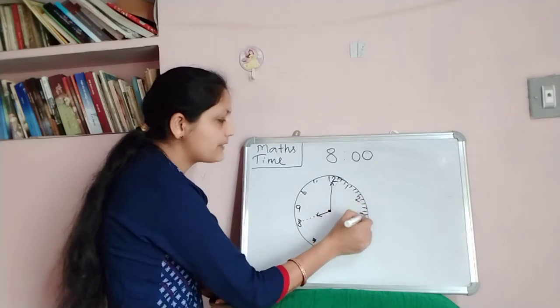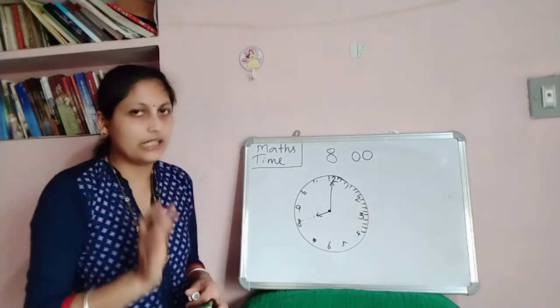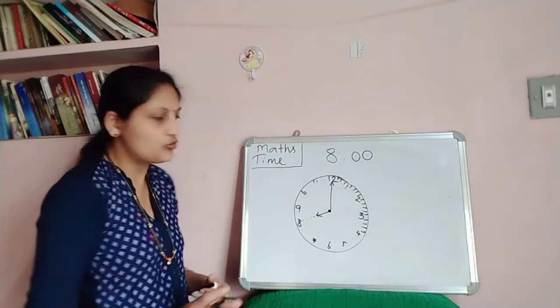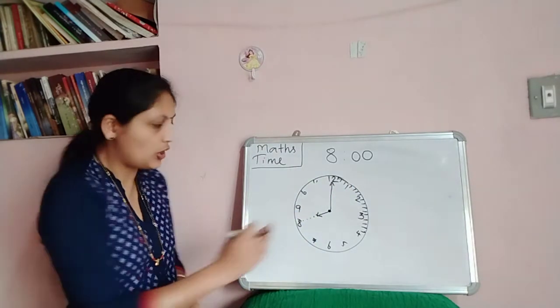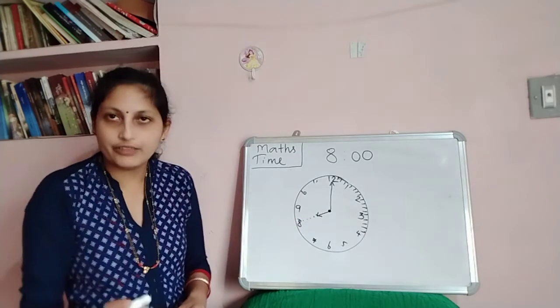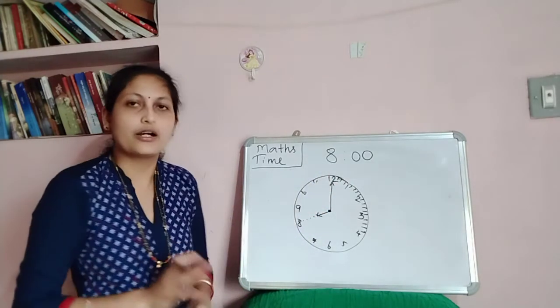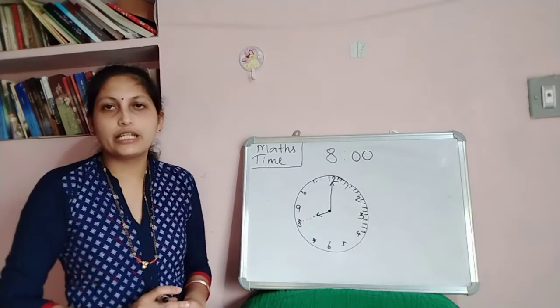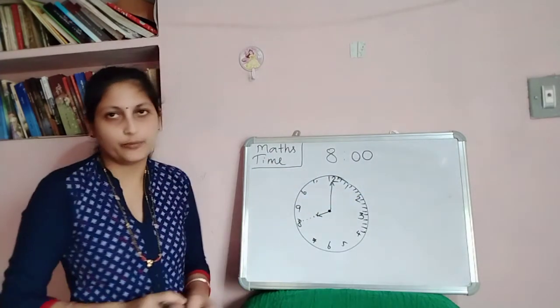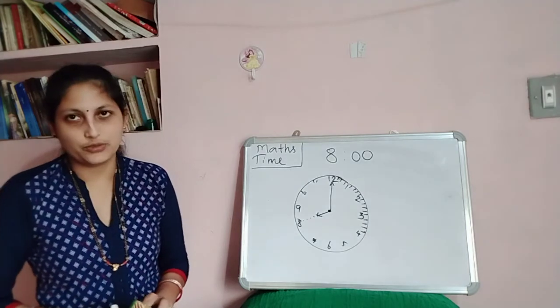Each line represents a minute. So 1 hour is equal to 60 minutes. Short hand is used for reading the hour and long hand is used for reading minutes. So this is how you have to read the time and write it in this way. I hope you understood. Thank you.